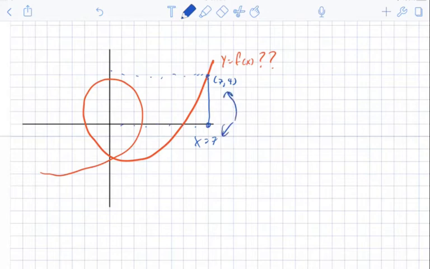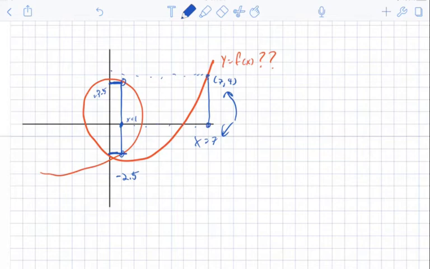What about a point over here? X equals 1. You draw your vertical line. The vertical line meets the red line at 2 locations, up here and down here. So the answer could be 3.5, or the answer might be -2.5.